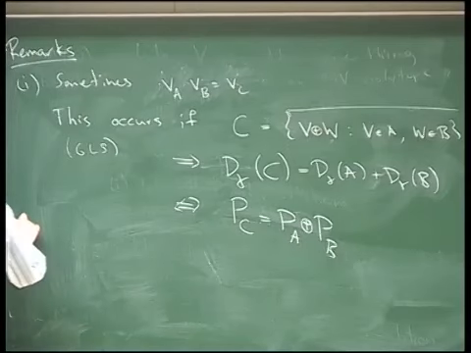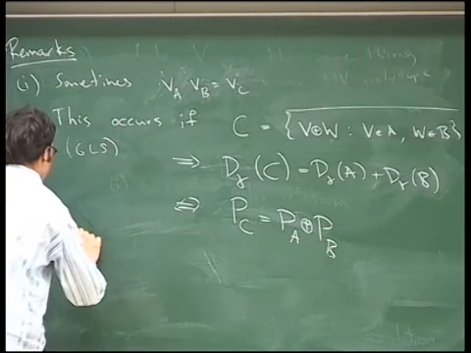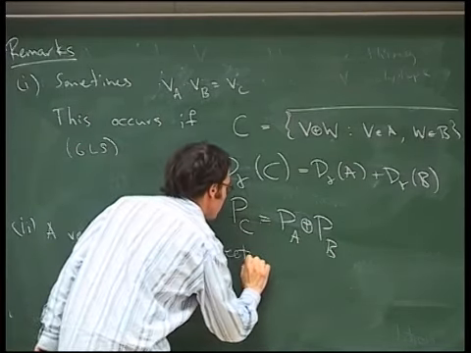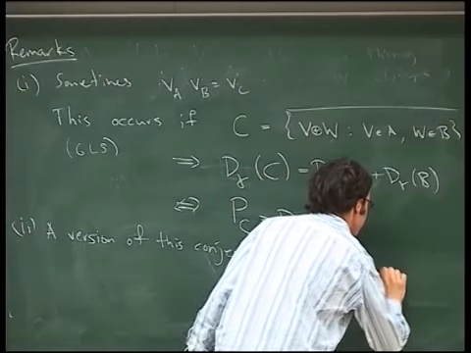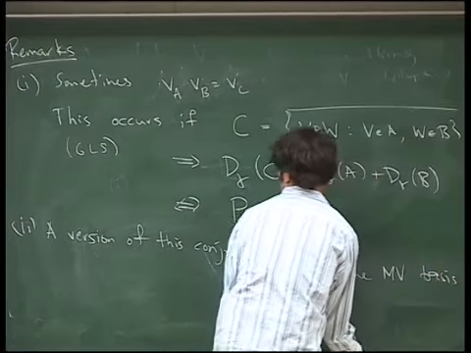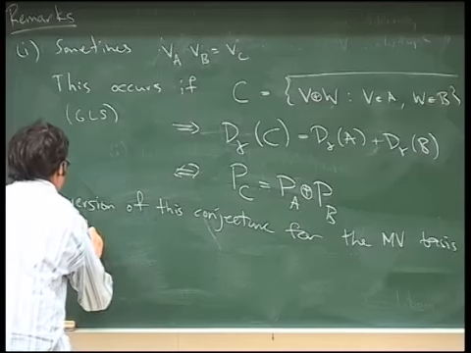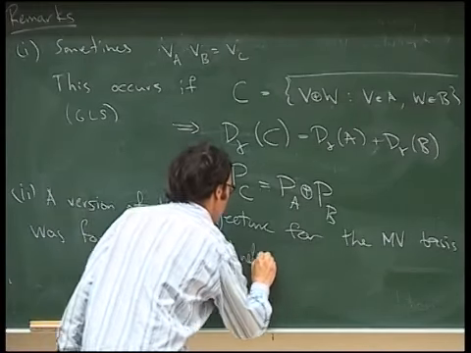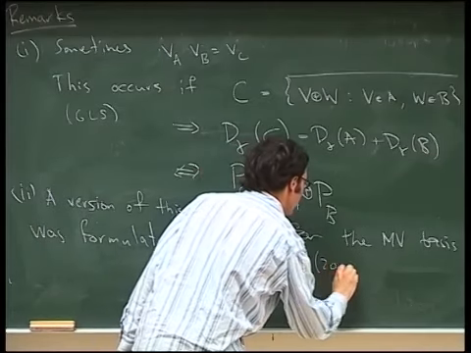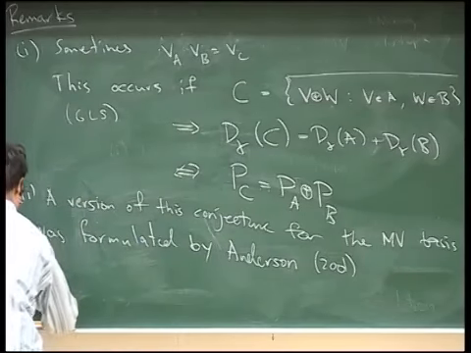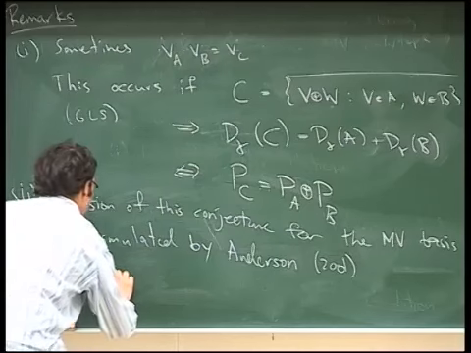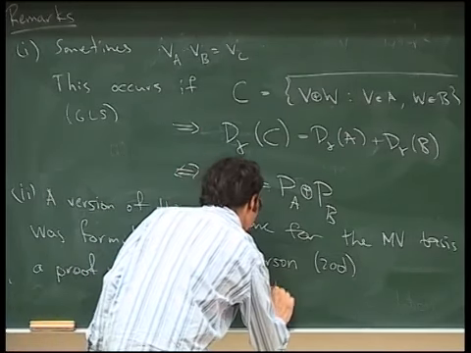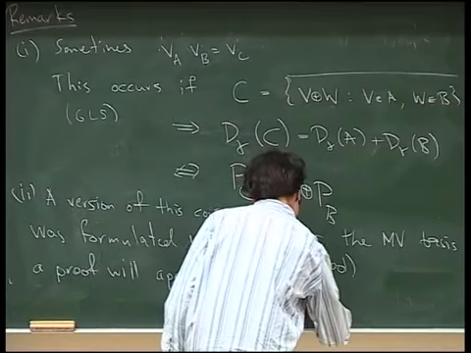The second remark is that a version of this conjecture for the MV basis was formulated by Jared Anderson in 2001, and a proof of the conjecture will hopefully appear in another paper with Pierre Baumann.